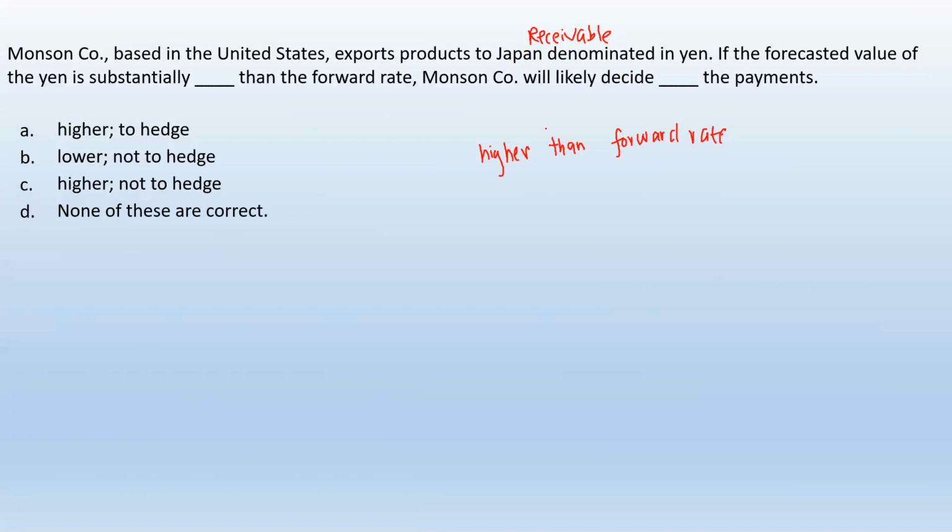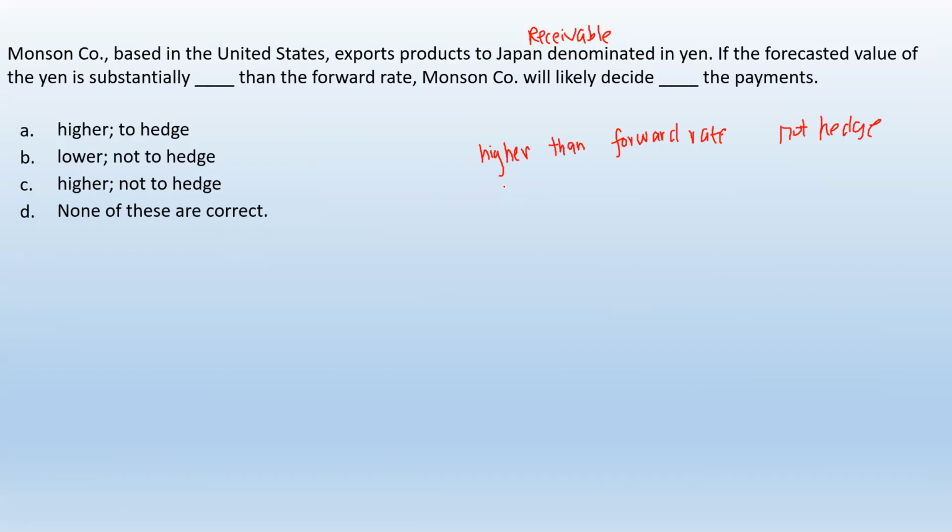They want to sell at a higher price. If the forecasted value of yen is substantially higher than the forward rate, then they prefer to sell at the spot market, so they will decide not to hedge.